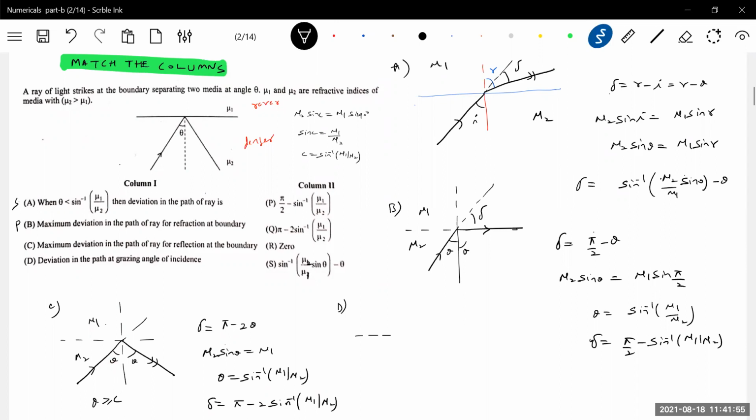The last one. Once again, in a very simplified way, just trying to revise all the TIR concept here. The question is just grazing incidence. The ray should emerge at critical angle.